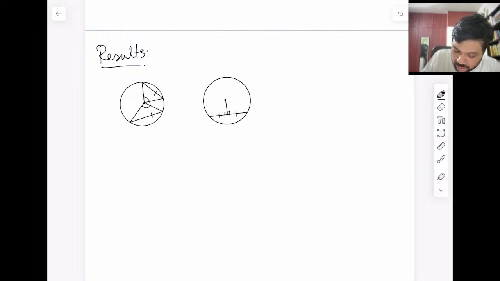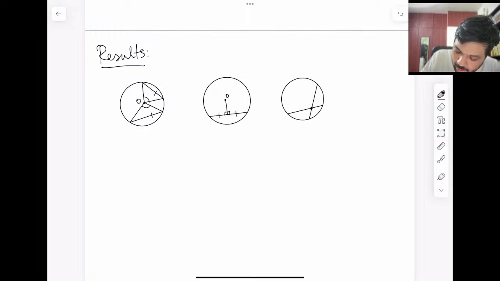So this is another configuration. This is again the center O. The third thing is a length based criteria. If you take two chords AB and CD that intersect at a point P, then something really nice is true.